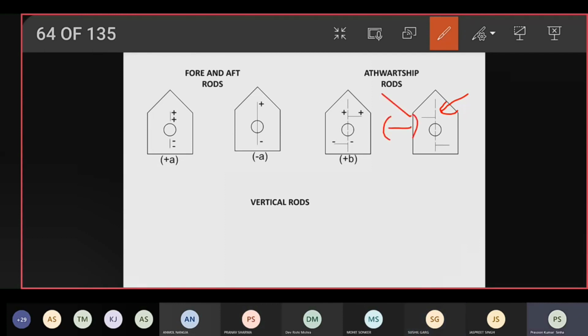Why negative? Because it's on the port side, sir. Exactly. The one end which is closer to the compass is forward of the compass, and so it is positive. The other end is port of the compass, and so it is negative.